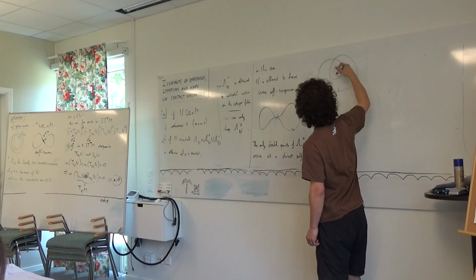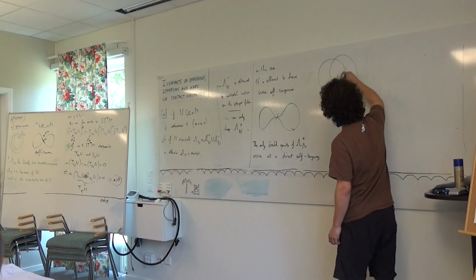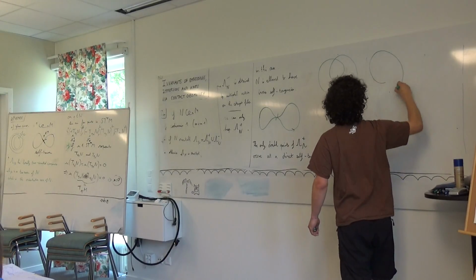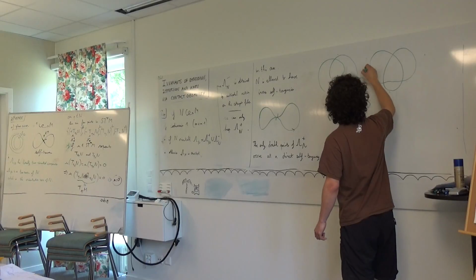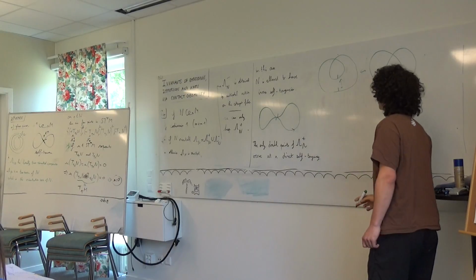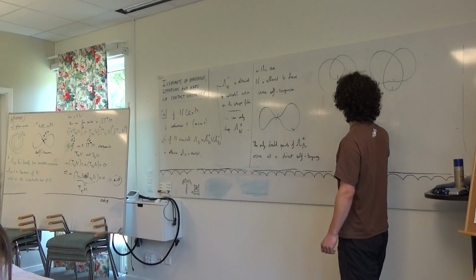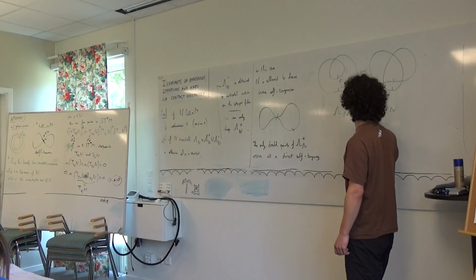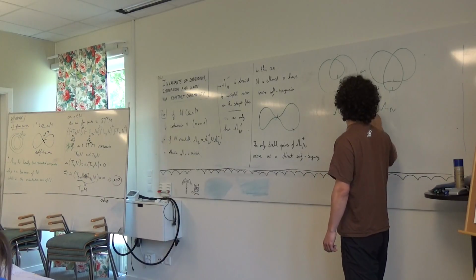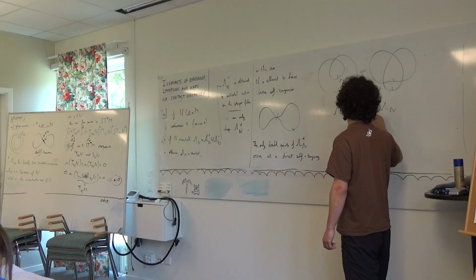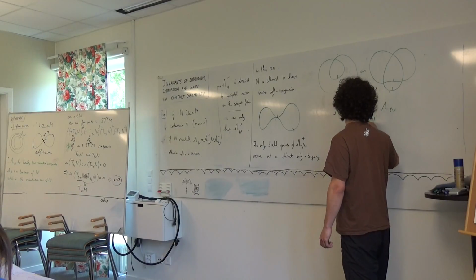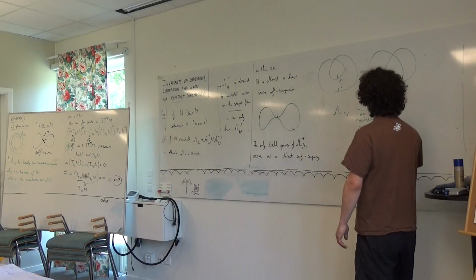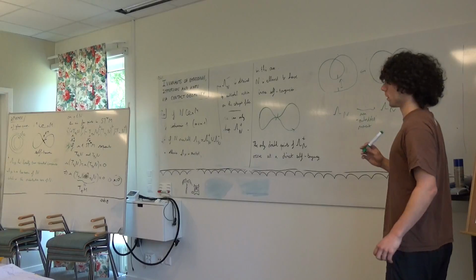Here, if you have this co-orientation, here you have the same, and if you try to cross this one to go to this, in between these two, there is a non-embedding moment. So that basically, these are not the same Legendre isotopy class.